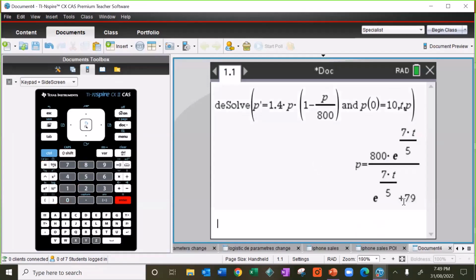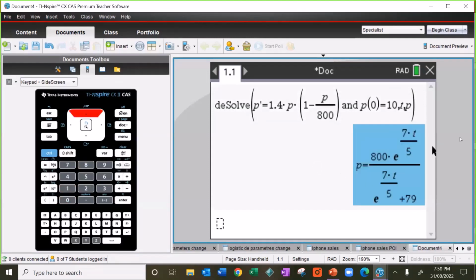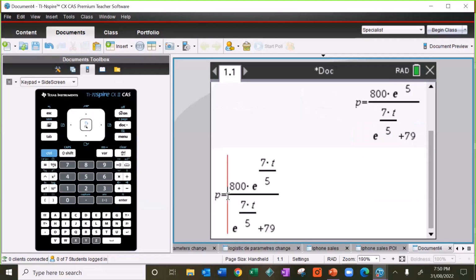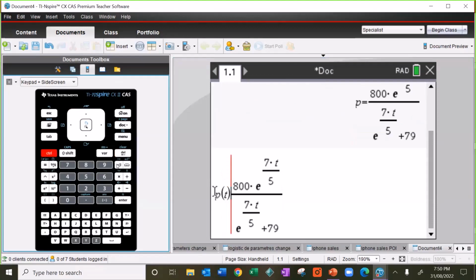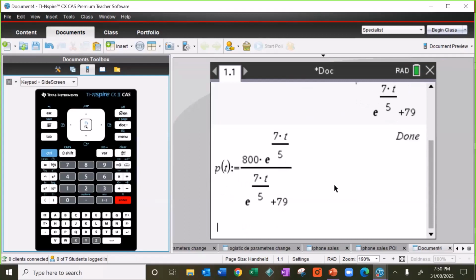So if I do this, I get this equation, and now if I go up and bring it down, I can say P in T, and I will have the calculator remembering that's my P in T, and that's done.